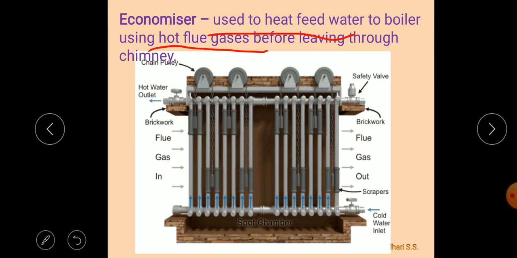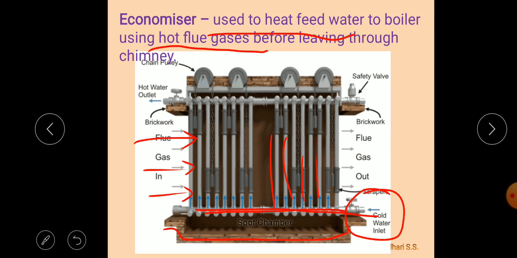Here we can see the cold water is coming from the supply into a down header. From this the water is distributed through a number of vertical tubes. At the bottom there is a soot chamber to collect the soot or solid particles from the furnace. As the cold water comes into this economizer, hot flue gases pass from the furnace to the chimney.